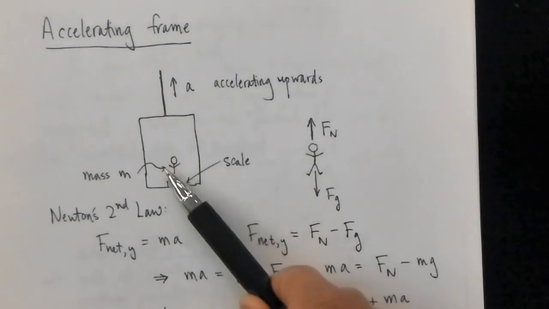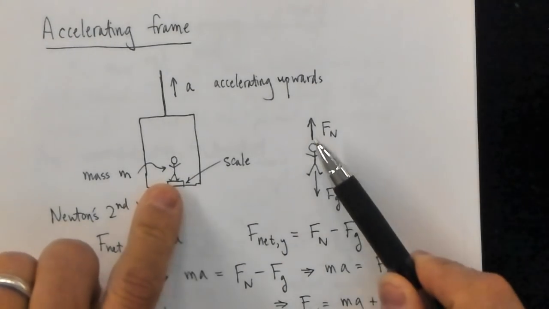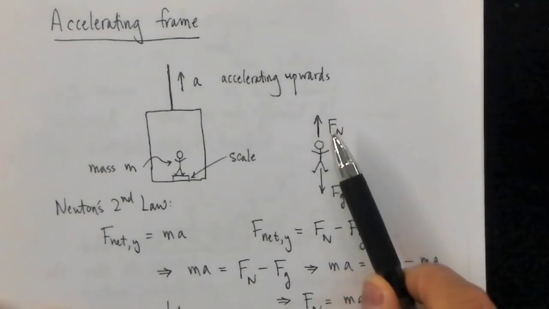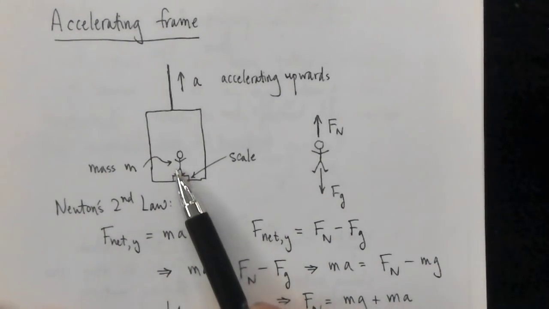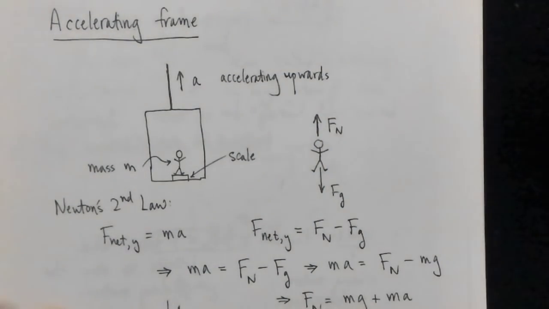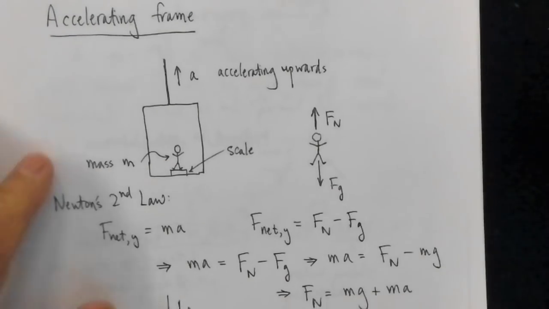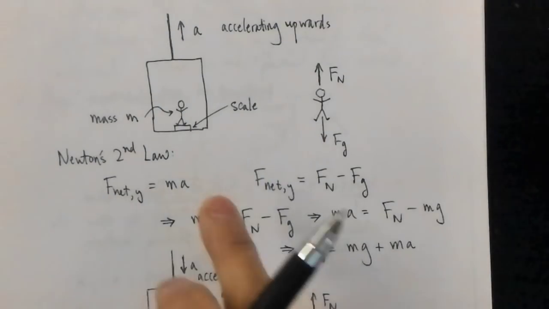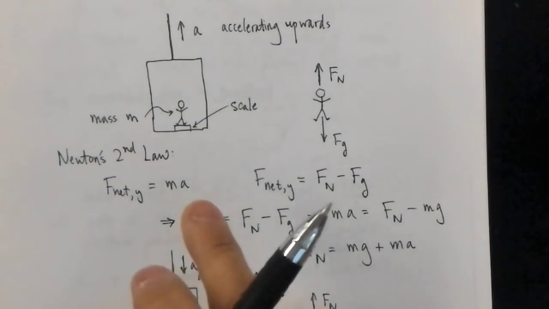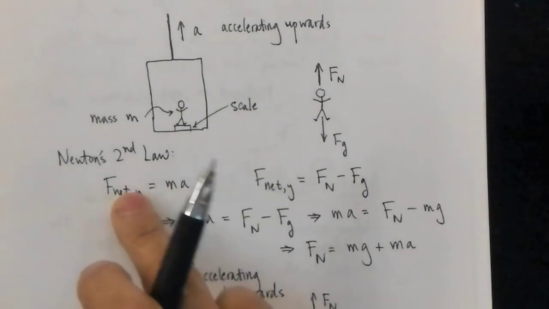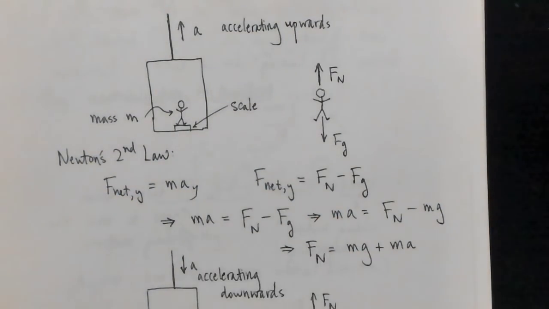So we analyze the vertical forces, since there are no real horizontal forces acting on this person. We have the normal force pointing up and the force of gravity pointing down. Now we apply Newton's second law: F net y is equal to may.